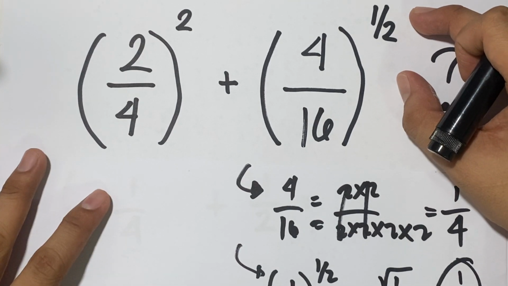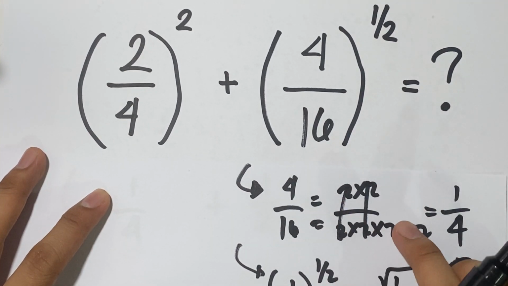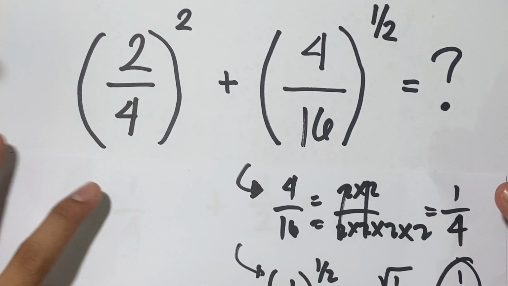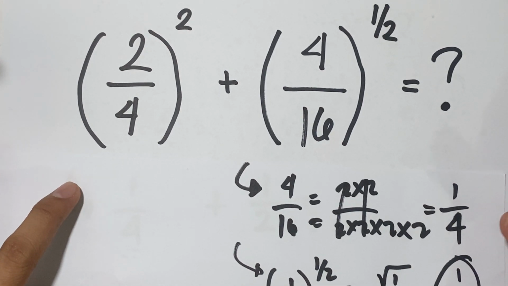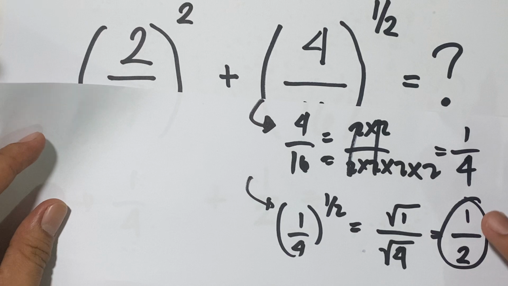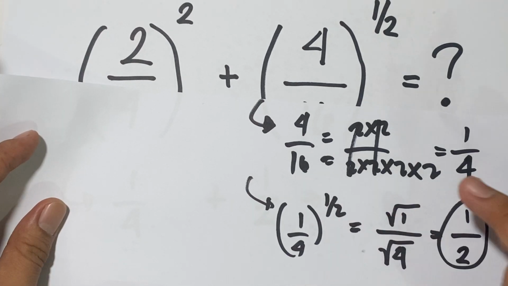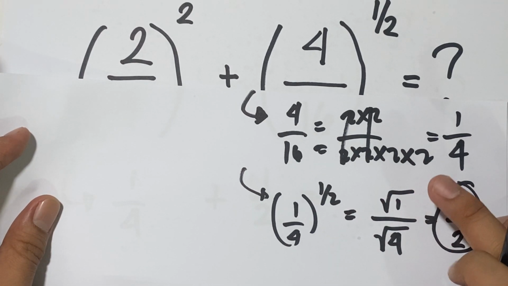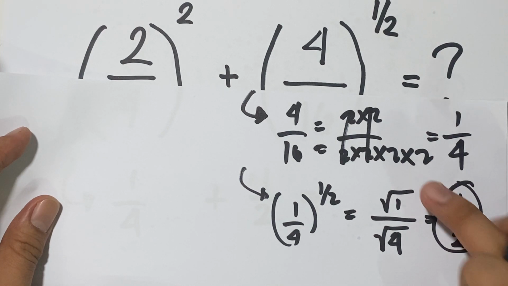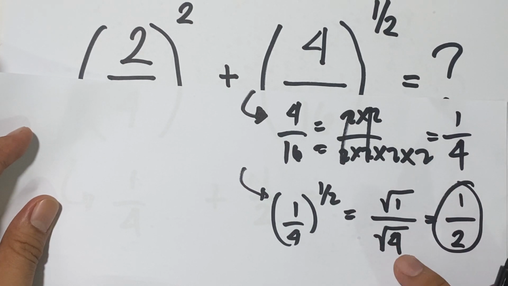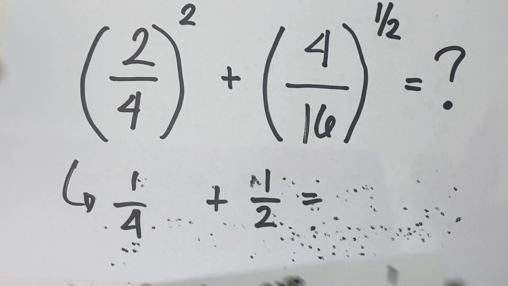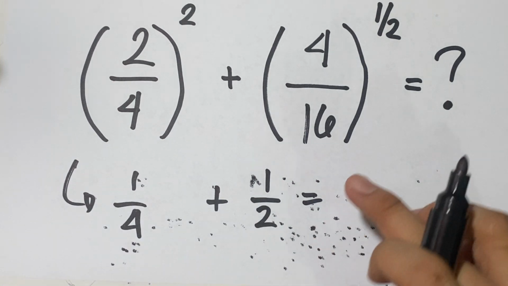This is one way of solving it. We simplified it into 1 over 4, then distributed the exponent to both the numerator and the denominator and got its root form. The square root of 1 is 1 and the square root of 4 is 2. So what we have now is 1/2 for our second term.